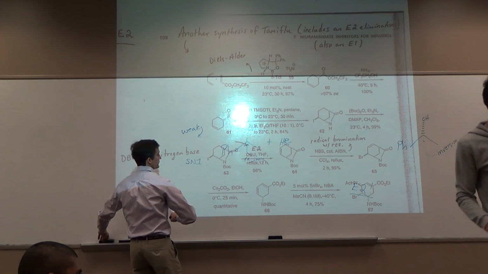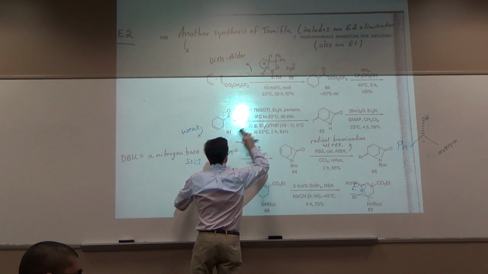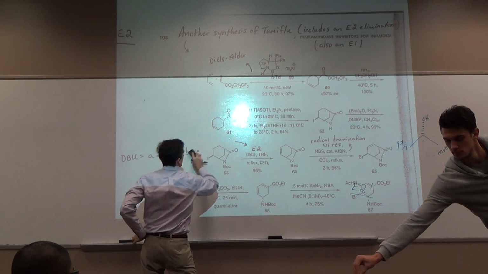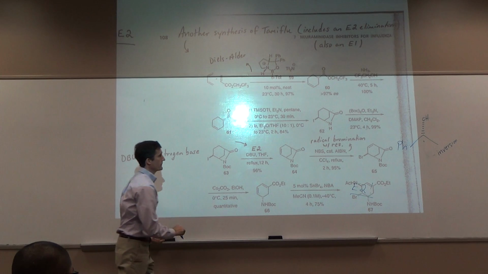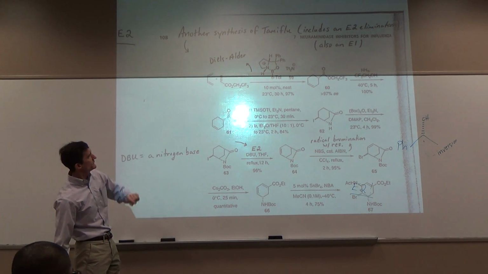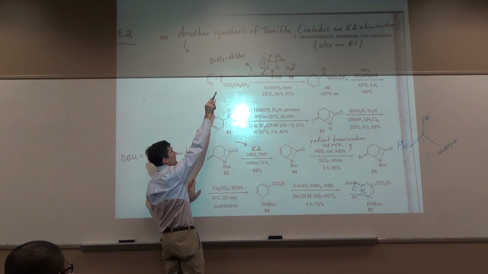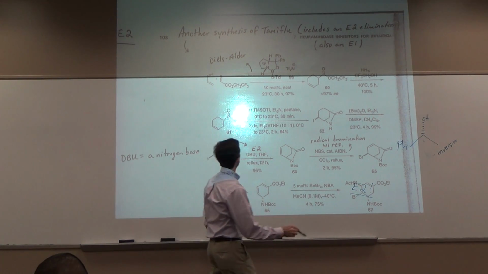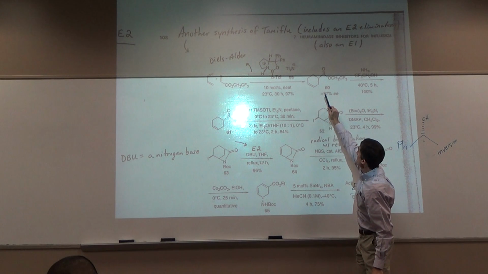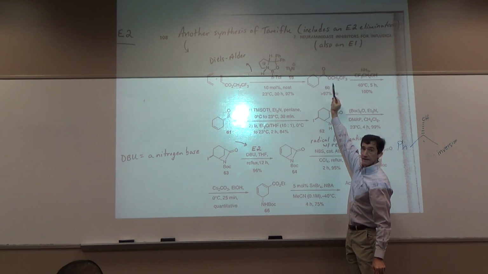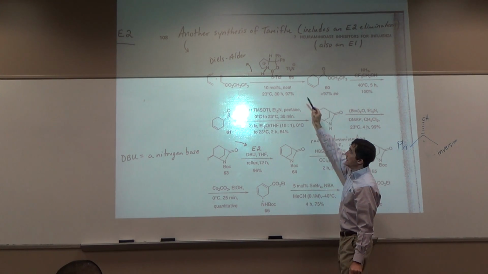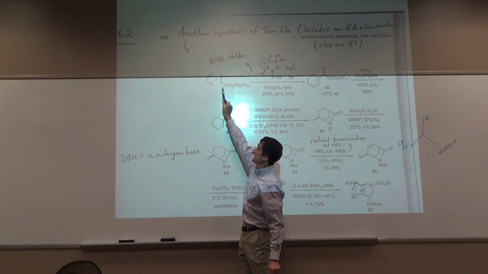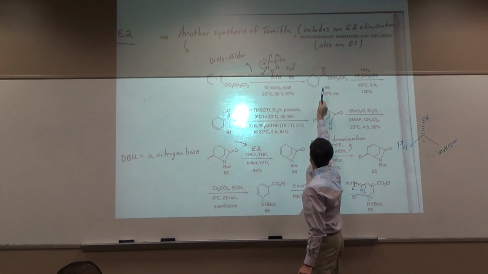Look at this right here. This is another synthesis of Tamiflu. It actually, by the way, starts with a Diels-Alder reaction. And in their reaction, they're making this product chiral. These are not optically active, so how is this optically active?